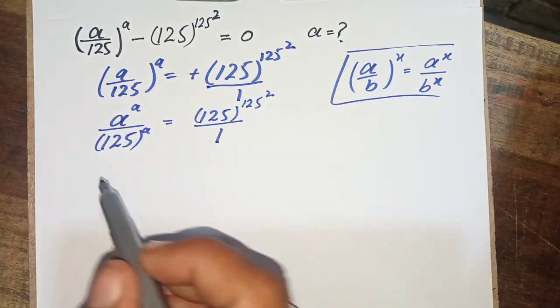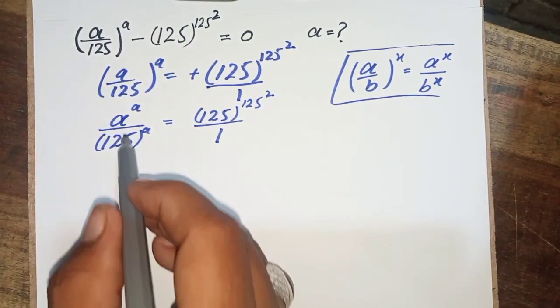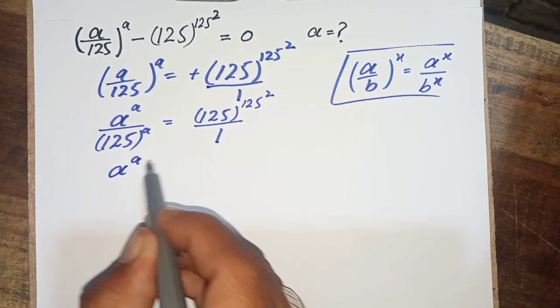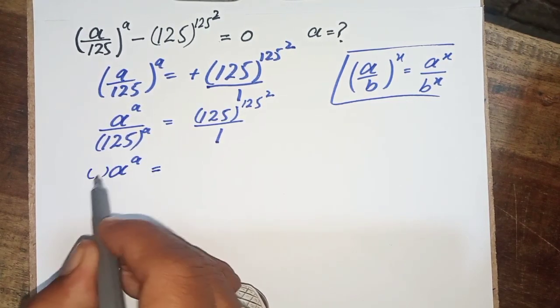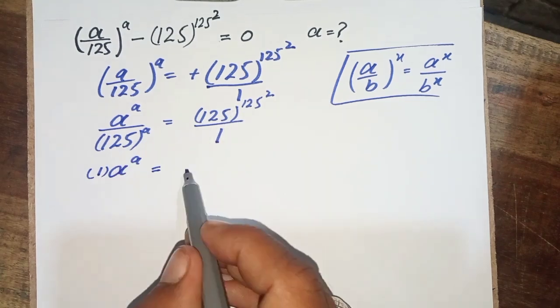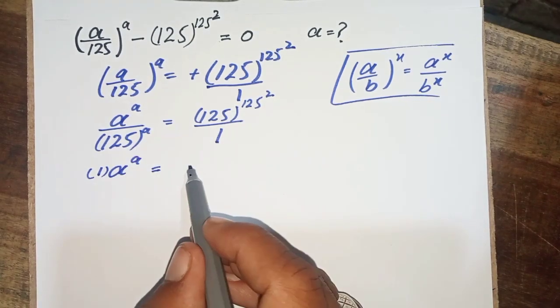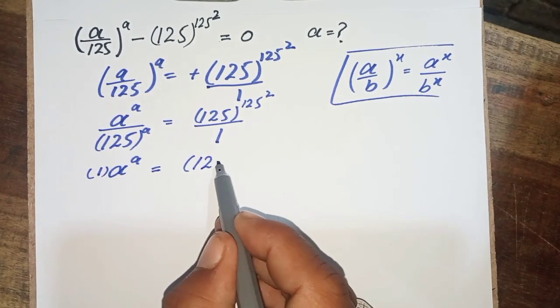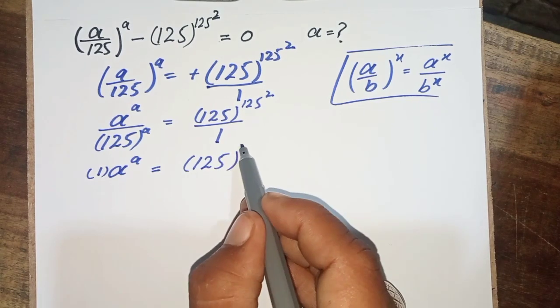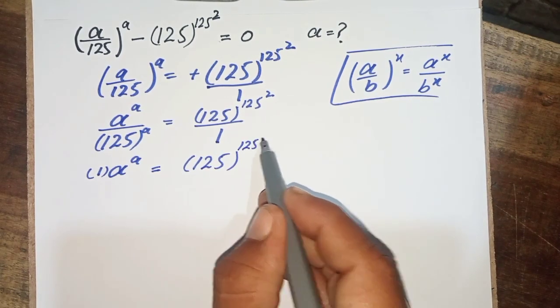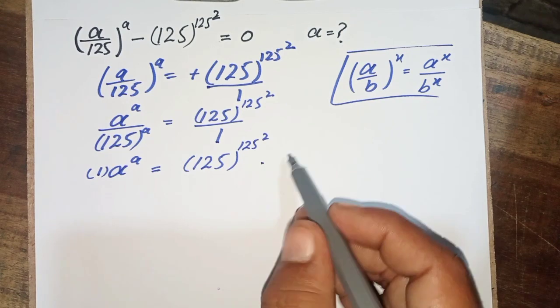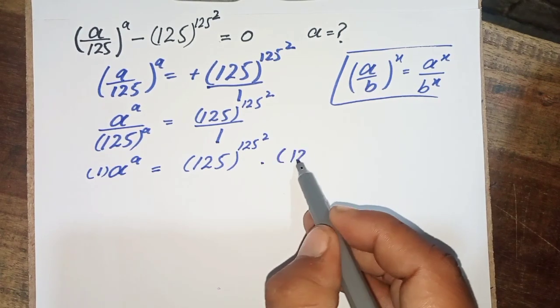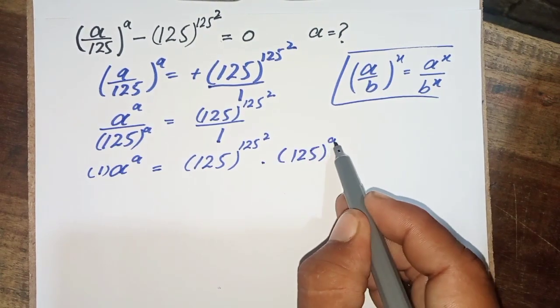When 1 is multiplied by a^a, it becomes a^a. And now we take this to the right side of the equation. This becomes 125^(125^2) multiplied by 125^a.